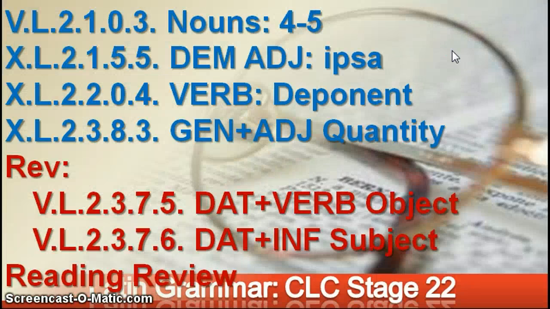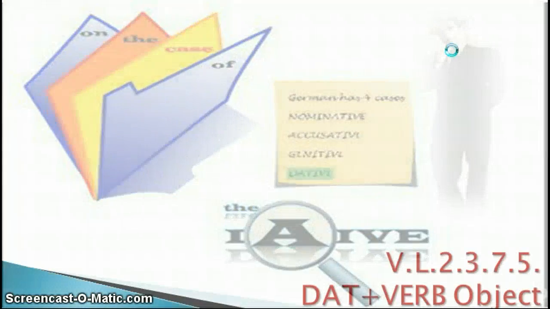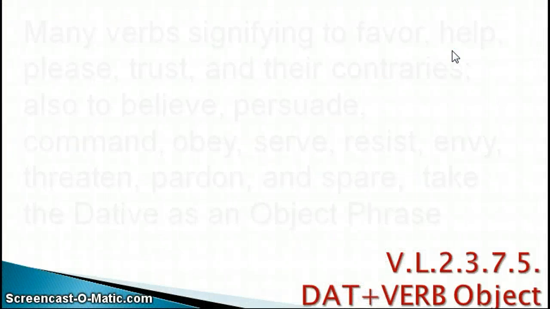A couple of review things and also pushing through the dative case.